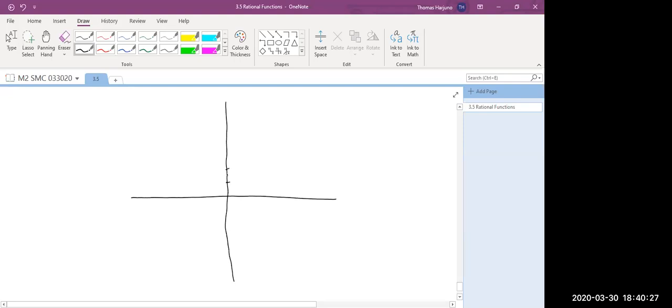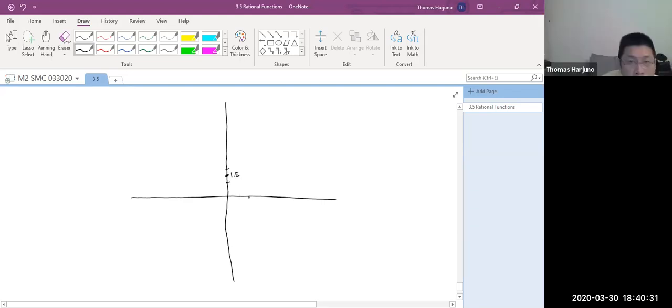It's the y-intercept. This is one of the x-intercepts. Another x-intercept. And then I have vertical asymptote x equals 2.